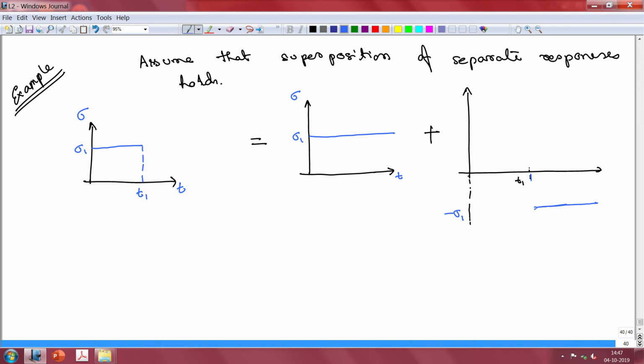So, we see that this equality is correct. Now, what is going to happen here?